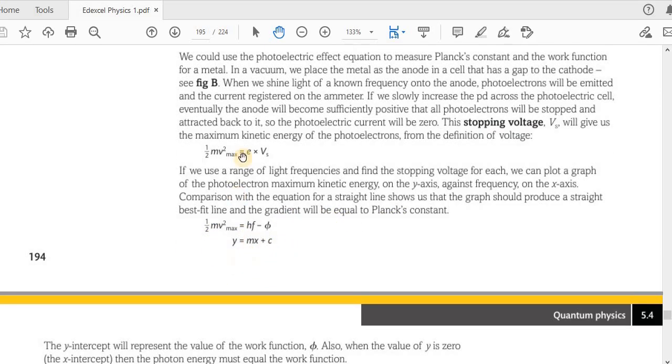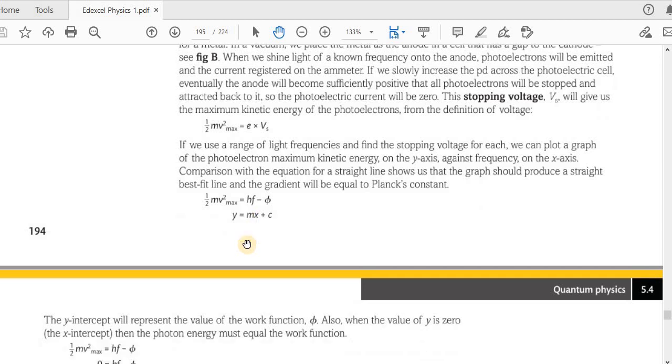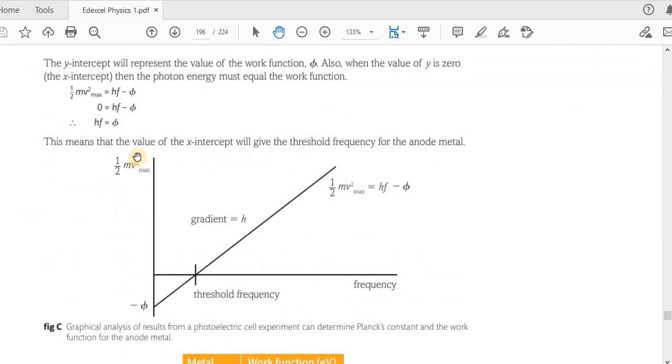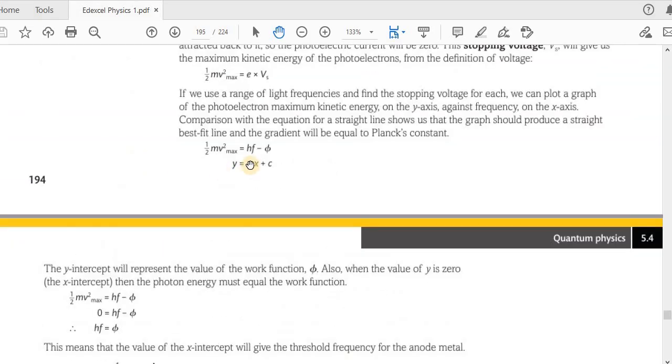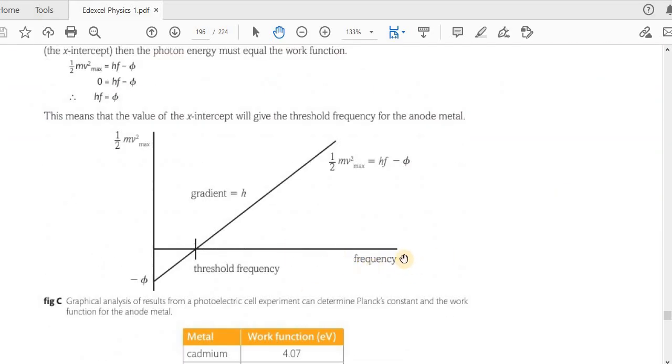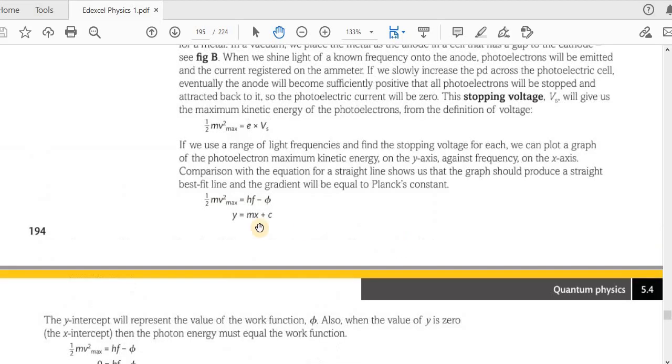Now again, very simple. Now remember, this is equal to that. So again we have the photoelectric effect equation and we have it like this. So this is what we plot on the y-axis, and f, remember we are changing the frequency, so f we plot on the x-axis. That means h, you know, is already a constant, and for a certain metal, phi is constant, so you can see y equals mx plus c.